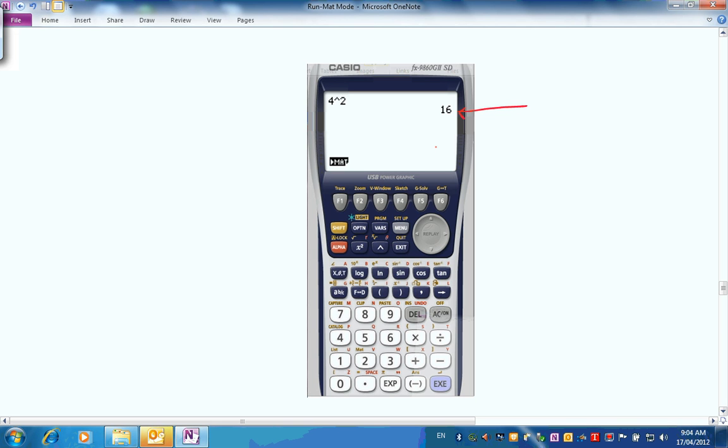So you can see that for this basic type of power, the two setups behave in the same way.